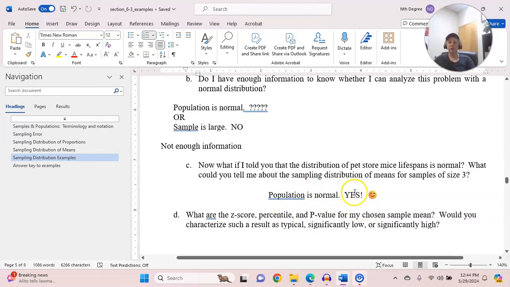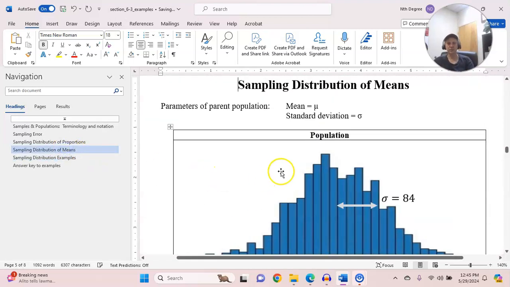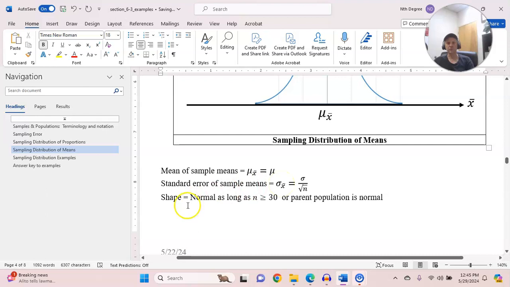So since the parent population is normal, doesn't that tell us that the sampling distribution of means is also normal? Right? That was discussed in this handout up above when we talked about sampling distribution of means. The central limit theorem says the sampling distribution of means is normal as long as the parent population is normal. Okay, so there we go.